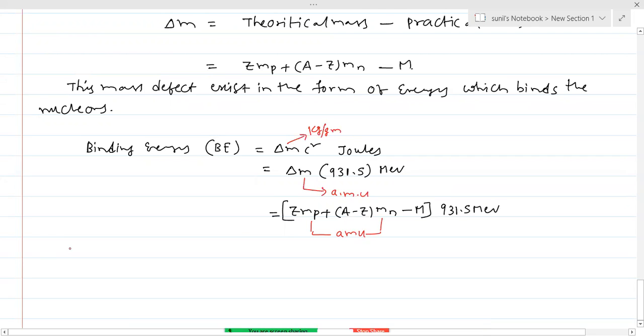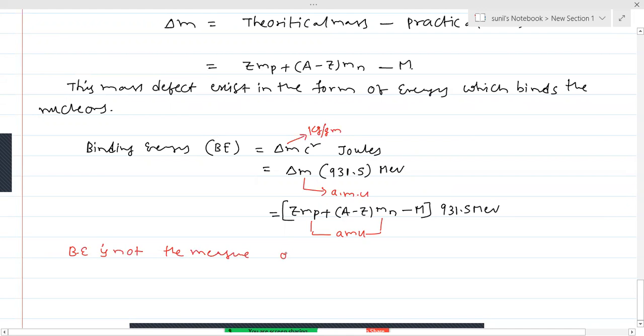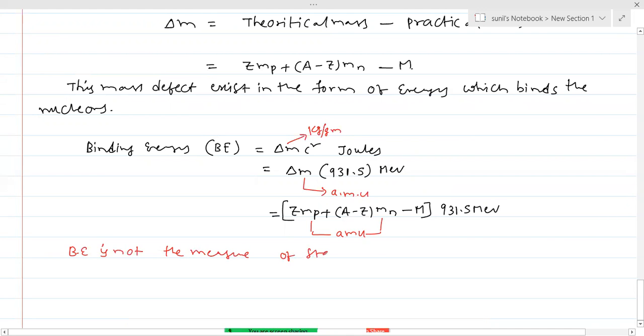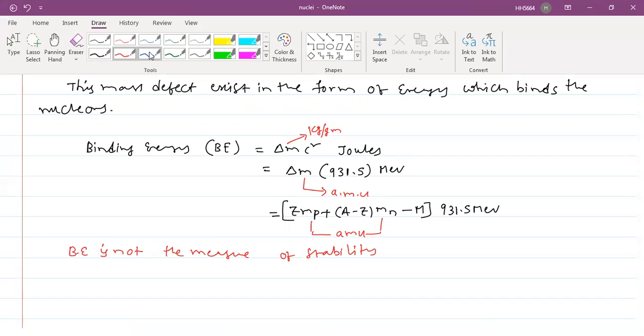And here the important point is that binding energy is not the measure of stability.